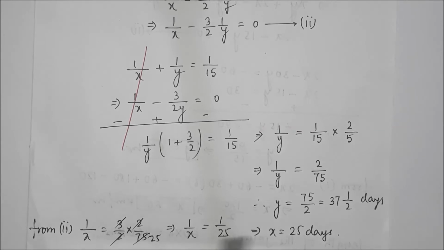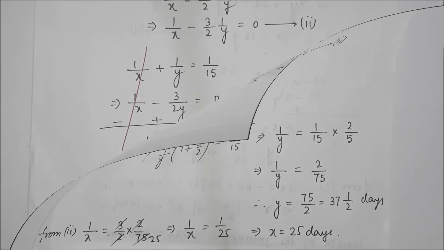So I substitute the value of 1 by y, that is 2 by 75. 2 will get cancelled. 3 ones are 3, 3 25s are 75. That means 1 by x equals 1 by 25. It implies x equals 25 days. That means A requires 25 days to complete the work.